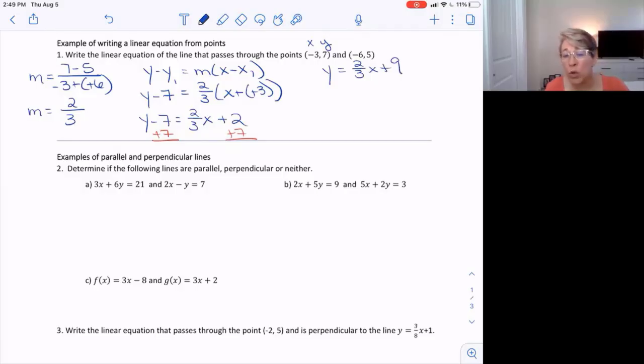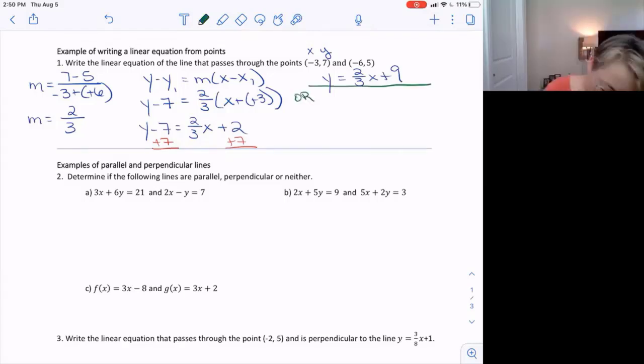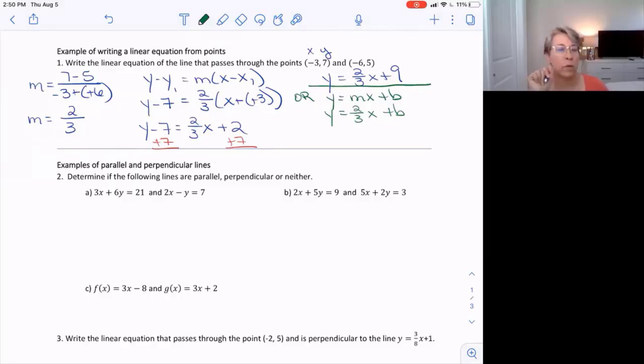Now you can also do this using the slope-intercept form, just be careful not to plug in the 7 or the 5 for your b. Neither one of those is your y-intercept. So let's try that. So we have y equals mx plus b. So we have y equals a slope of 2/3 x plus b. And remember, b is the only variable we need to find. x and y represent any point. So we can use that -3 and 7 again.